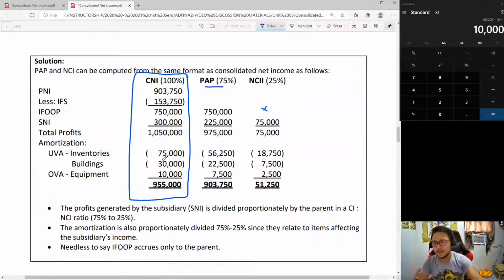Conclusion notes, the profit generated by the subsidiary is divided proportionately by the parent in a CI to NCI ratio, 75-25, just like what we have been doing. The amortization is also proportionately divided 75 to 25 since they relate to items affecting the subsidiary's income. And needless to say, IFOP or income from own operation of the parent accrues only to the parent.